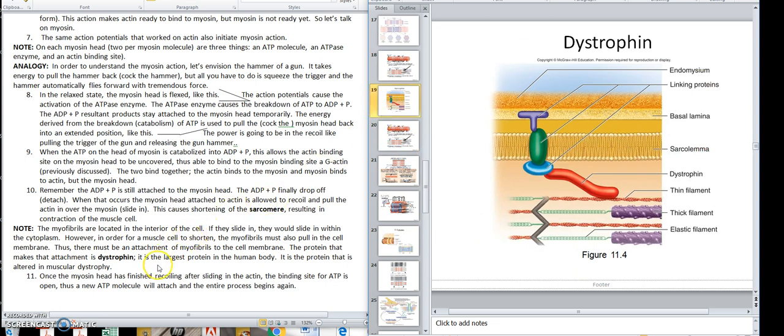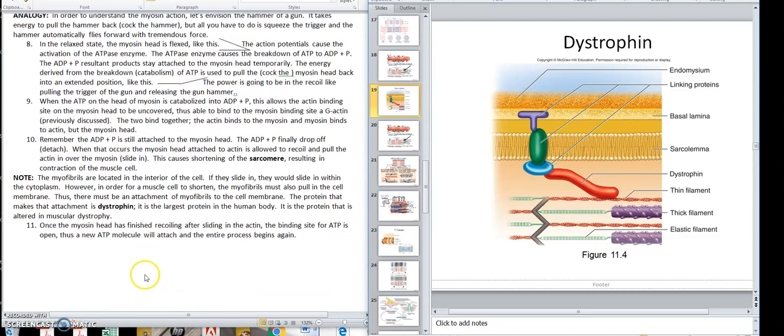It is a large protein, and it hooks these myofibrils to the muscle cell membrane. So when they come in, they pull the membrane too. That's what the problem is in muscular dystrophy. The protein is not right.